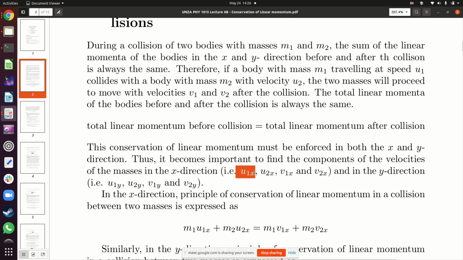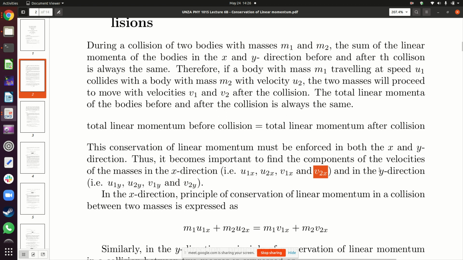Then we also need to find u1x, which is the velocity of mass 1 along the x direction before the collision, and u2x, the velocity of mass 2 along the x direction before collision. Then you need to find v1x, the velocity of mass 1 after collision along the x direction, and v2x, the velocity of mass 2 after collision along the x direction.